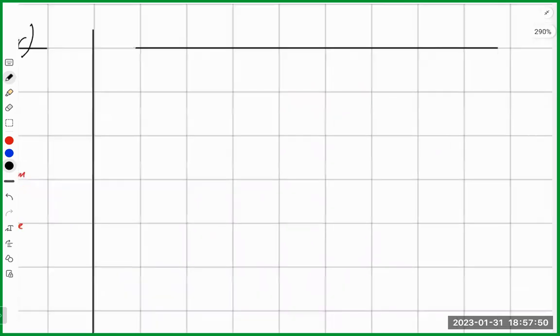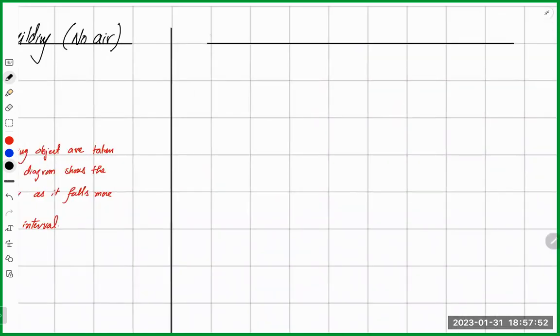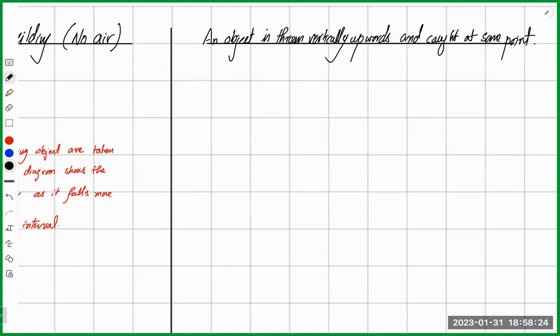Now, what if a person is throwing a stone upward and then catches it back at the same point? An object is thrown vertically upwards and caught at same point. So we throw an object vertically upward and then catch it back at the same point.